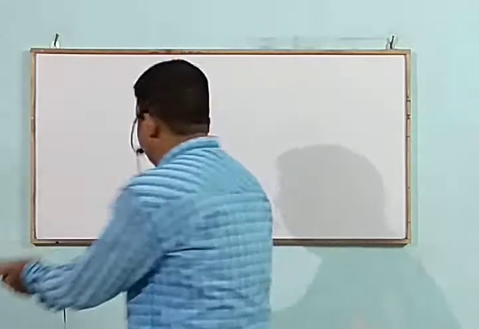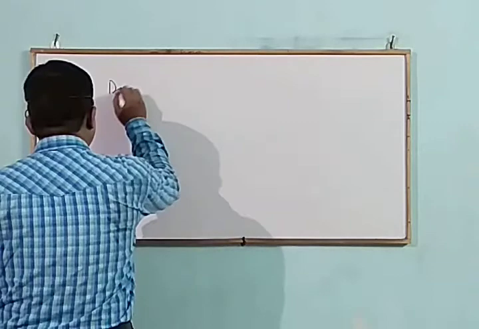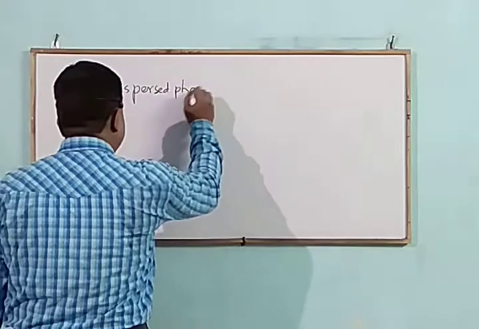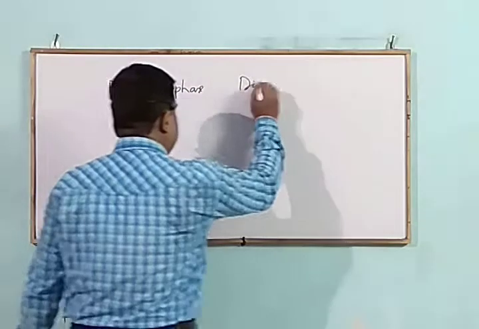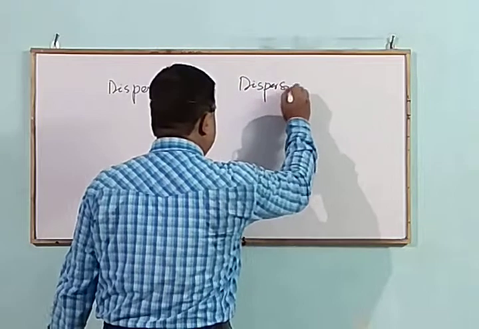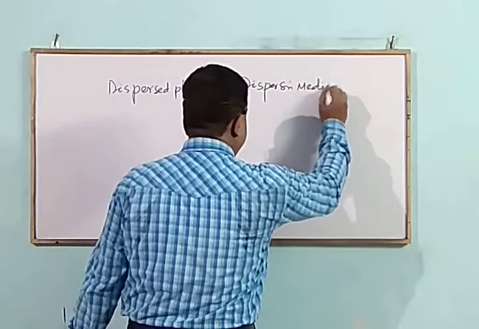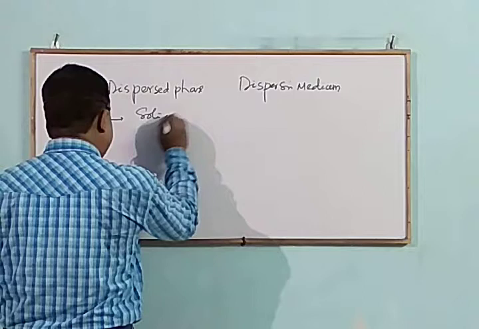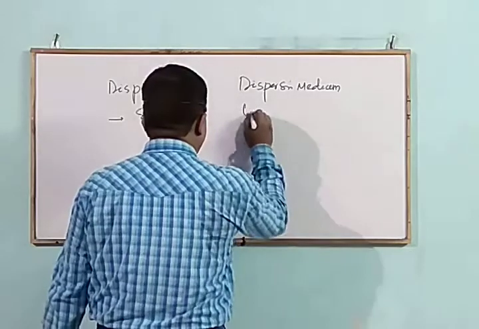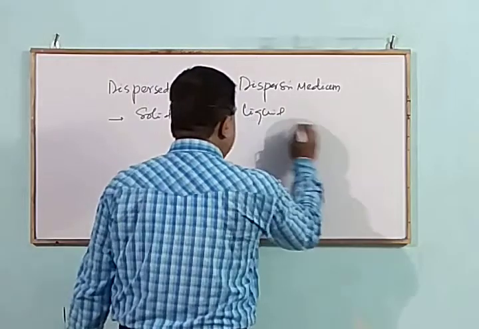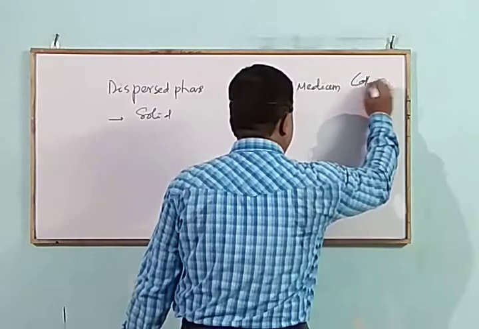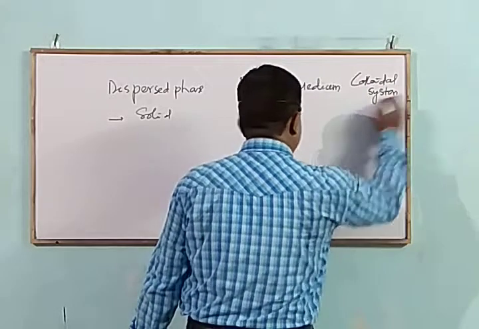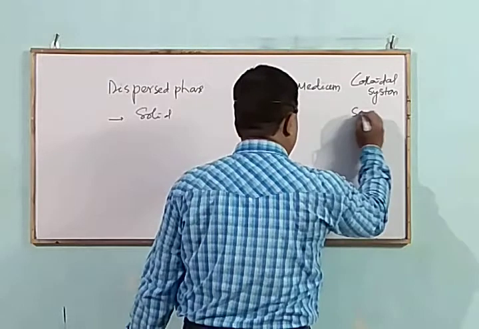Repeat again. That means one is dispersed phase, one is dispersion medium. If the dispersed phase is solid and the dispersion medium is liquid, then that type of colloidal system is known as sol.